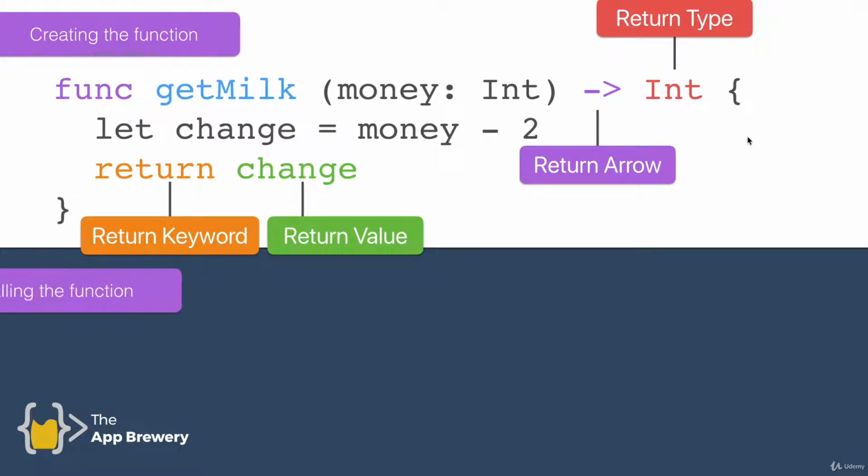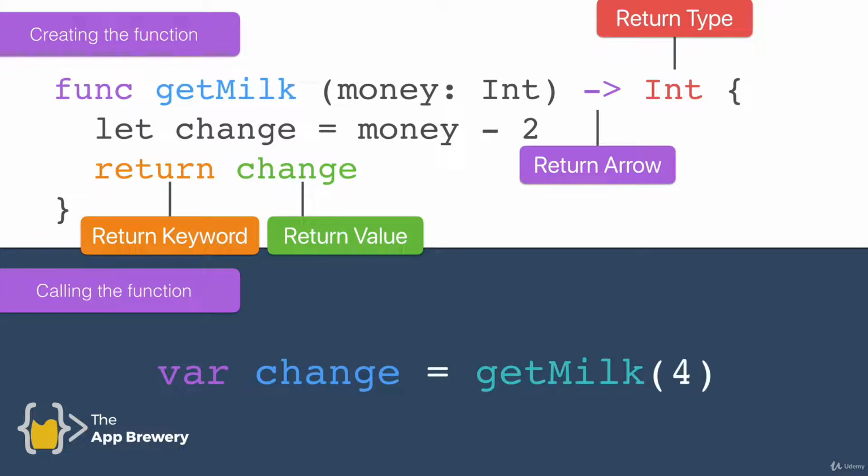So when we call the function, this is what our code might look like. Unlike previously where we just had the function call and then we just expected it to execute, well, in this case, we actually have an output, and this function call right here will actually become replaced by the output.